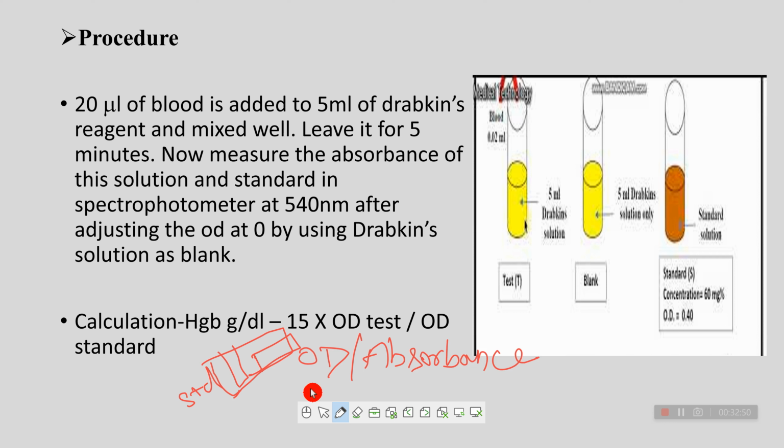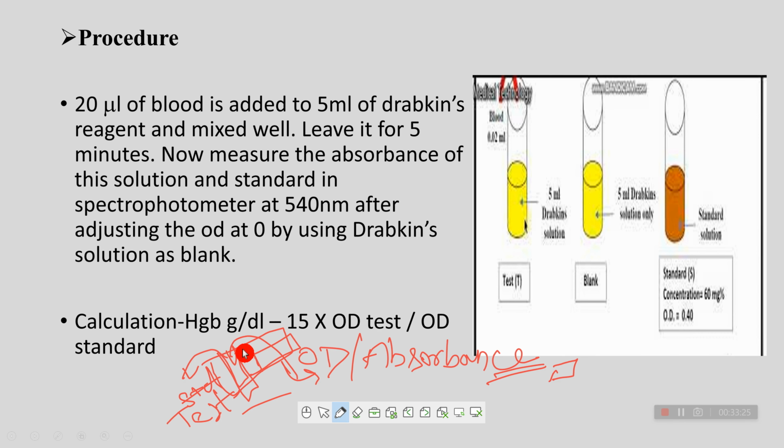We note the reading of the standard solution and take out the standard tube. After this we take the reading of the test solution, in which we have mixed our blood sample. It will give the OD, or absorbance, of the test.